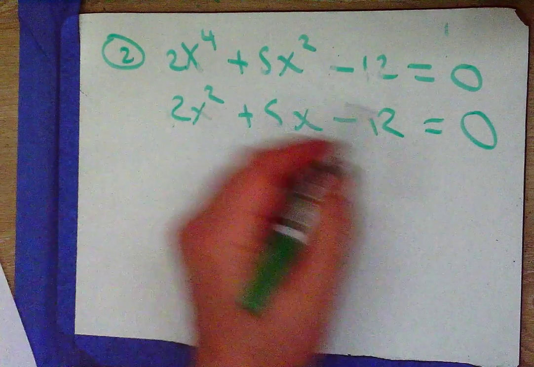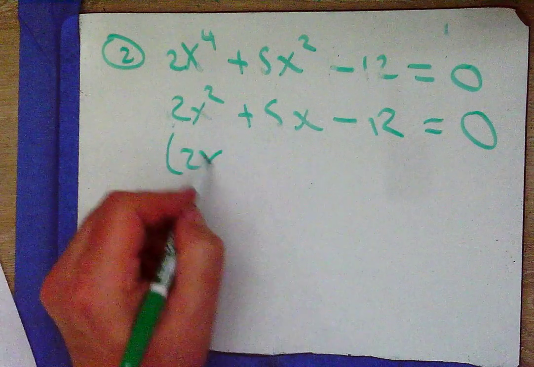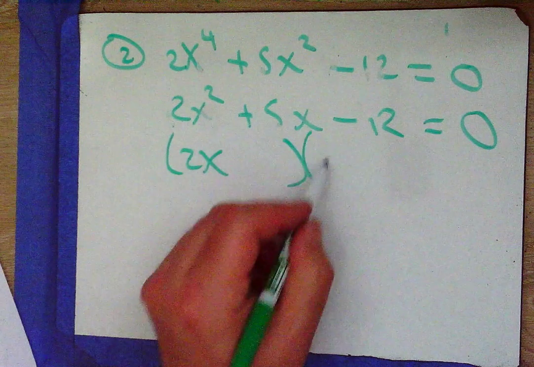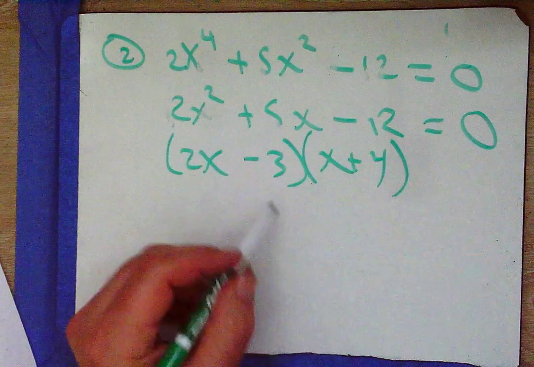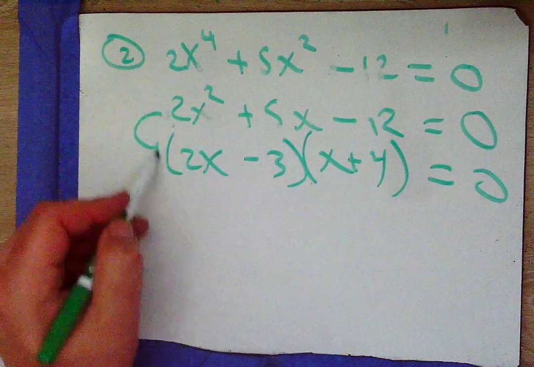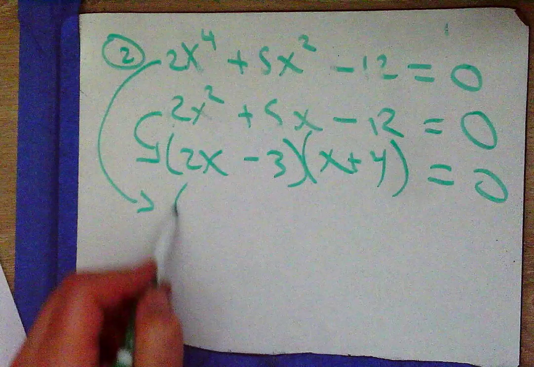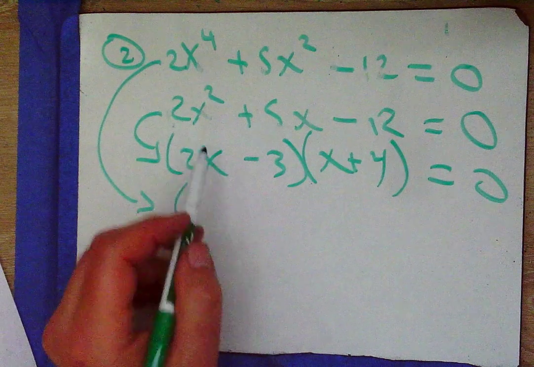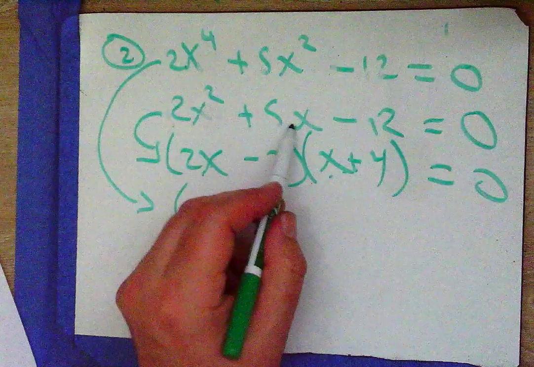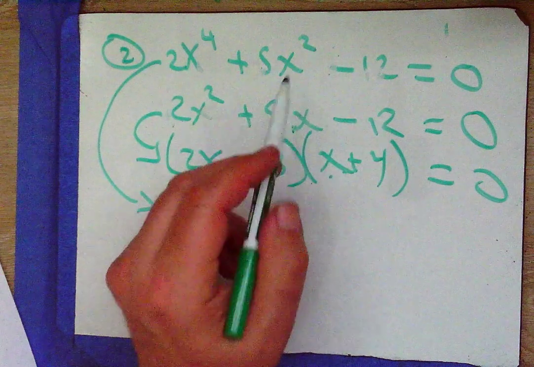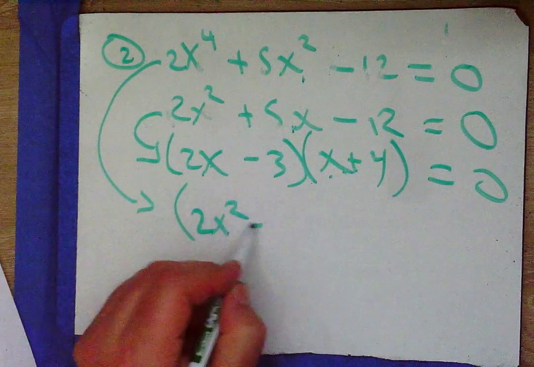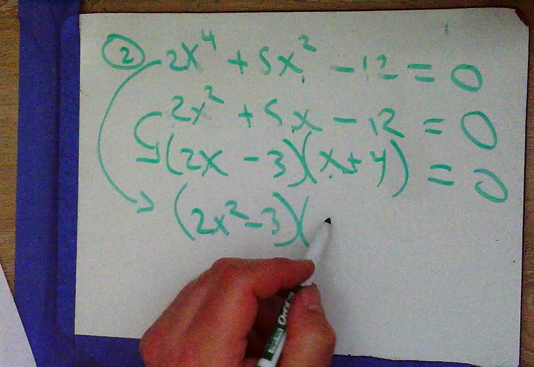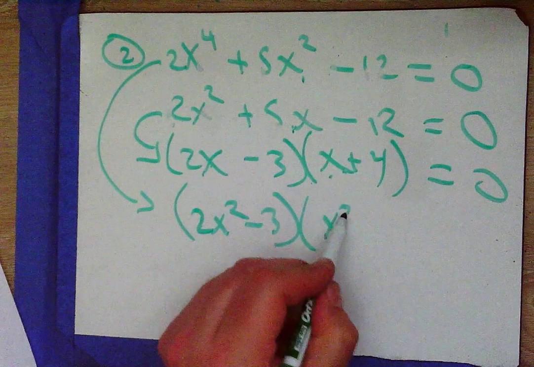So, since I know how to factor this, 2x, x plus 4 minus 3, I should be able to apply that same pattern, except instead of x's here, like this is an x, I'm going to have x squareds. So I'm going to have 2x squared minus 3 and x squared plus 4.